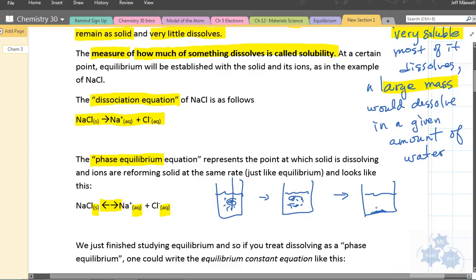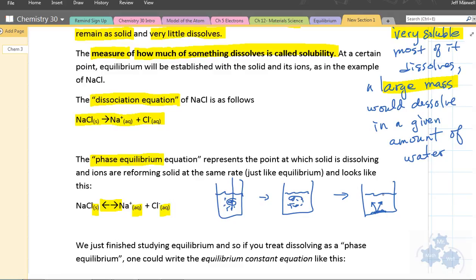But at this point, there are NaCl that are splitting up into Na plus and Cl minus ions going into solution. But there are also Na ions and Cl ions that end up bumping into each other and precipitating out of solution at the same time. So that's where the phase equilibrium comes in.